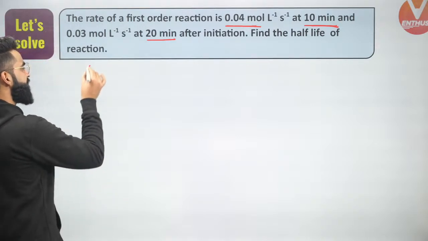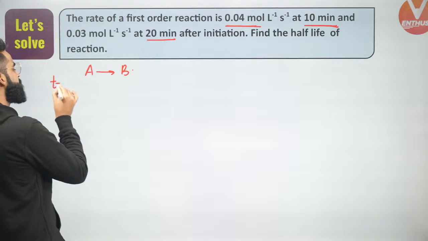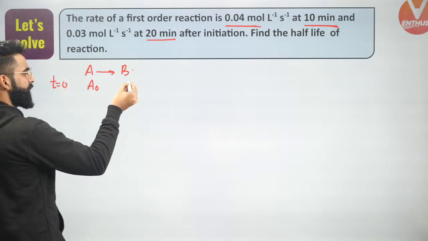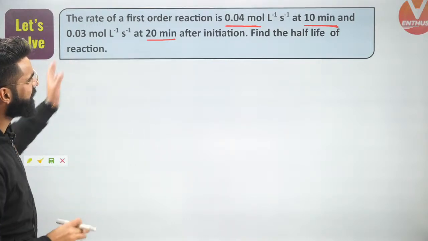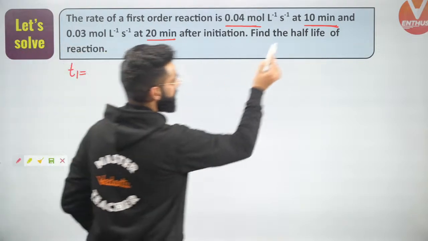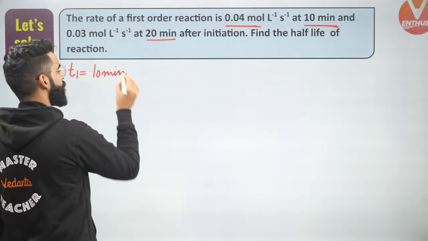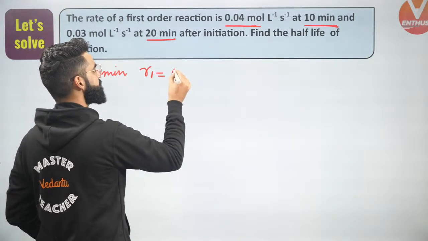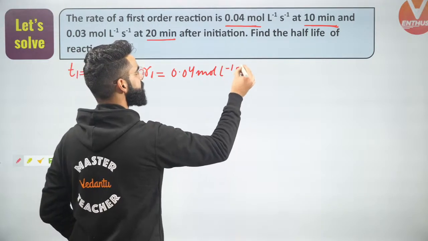So let's say I've got the reaction like this, A gives B. Let's say at time T is equal to 0, the concentration of reactant is A0. Or let's not write the reaction, let's write the direct values. See guys, time T1 is given to me as 10 minutes, and at time T1 equal to 10 minutes, the rate of the reaction, which I'm representing by R1, is given as 0.04 moles liter inverse second inverse.